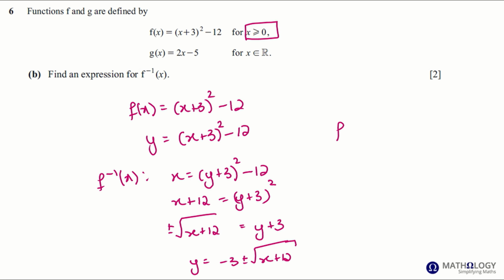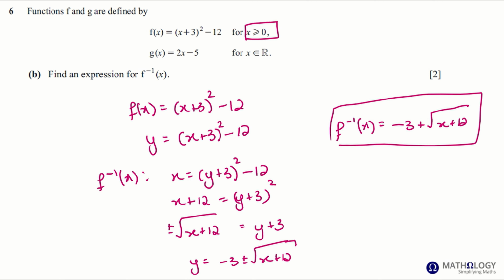Therefore f to the minus 1 of x will be minus 3 plus root of (x plus 12). Minus 3 minus root of (x plus 12) would be negative. We have to consider only positive y values because of the nature of the function and the restriction placed upon f.